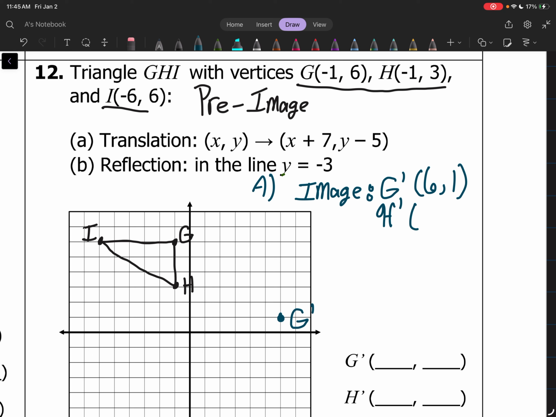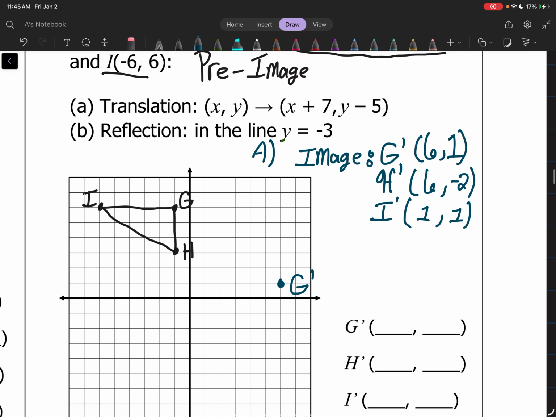Image H is going to be also 6, and then -2. And then I is going to be 1 and 1. Image I. And then we have image H.